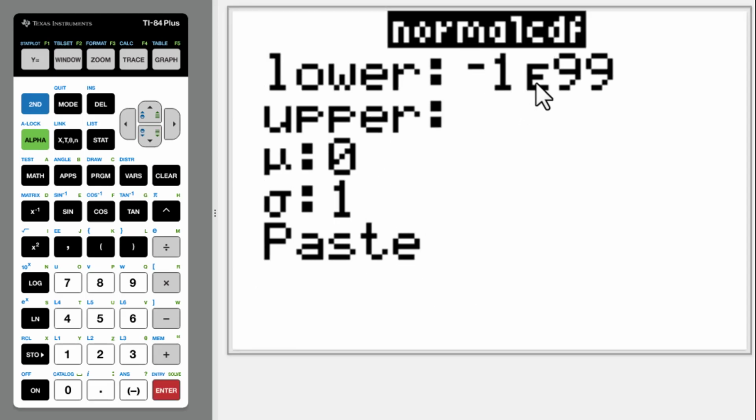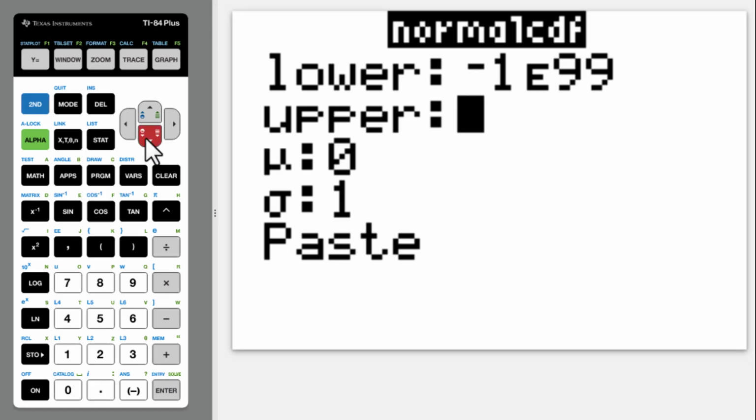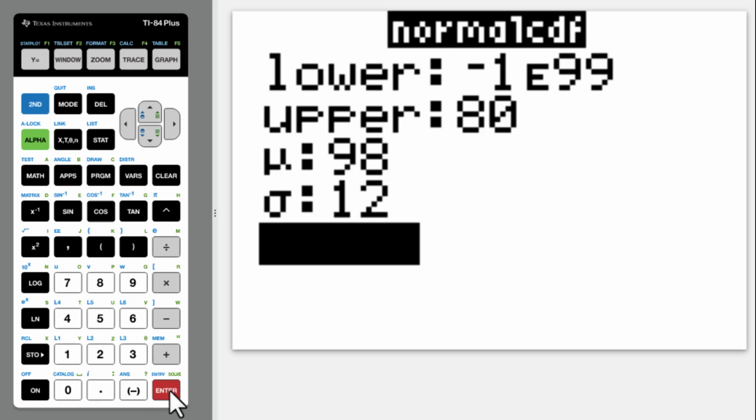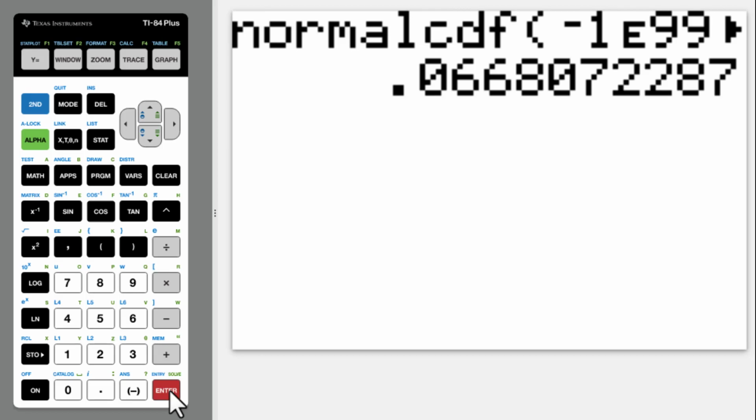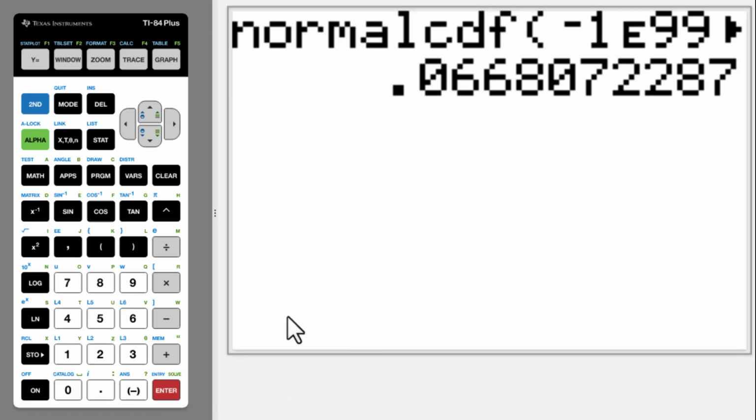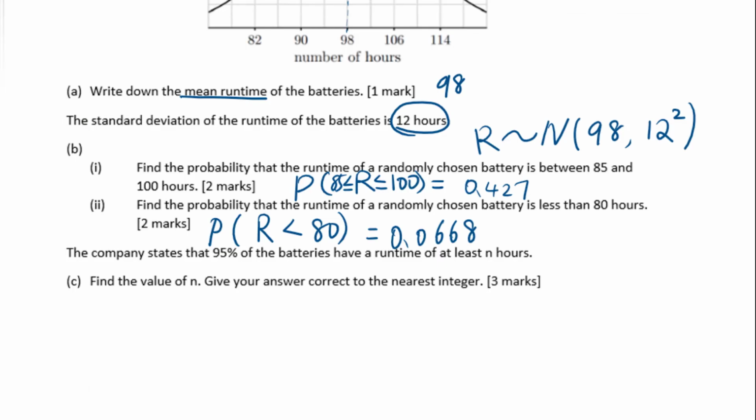Lower is -1 times 10 to the 99th power. Upper is 80. Mean is 98. Standard deviation is 12. Answer is 0.0668.